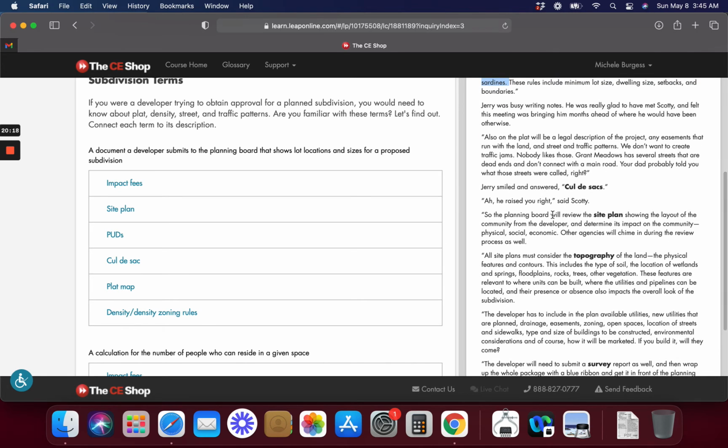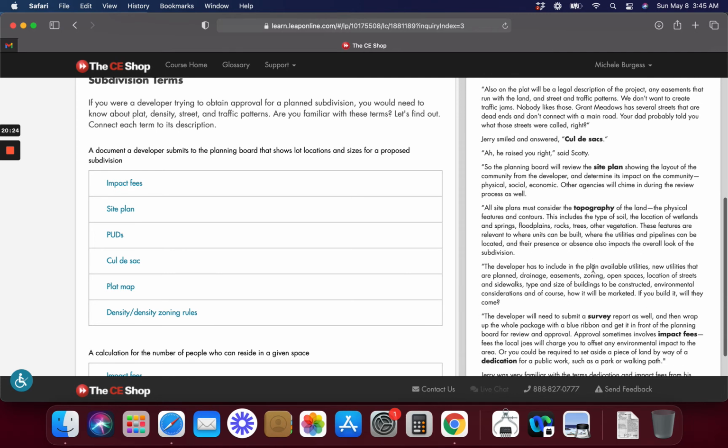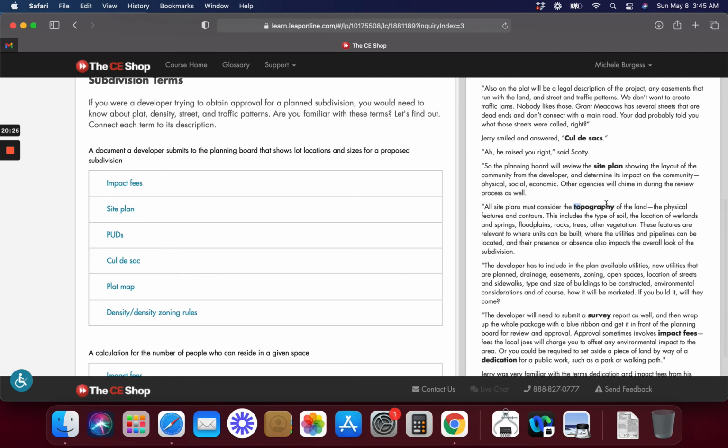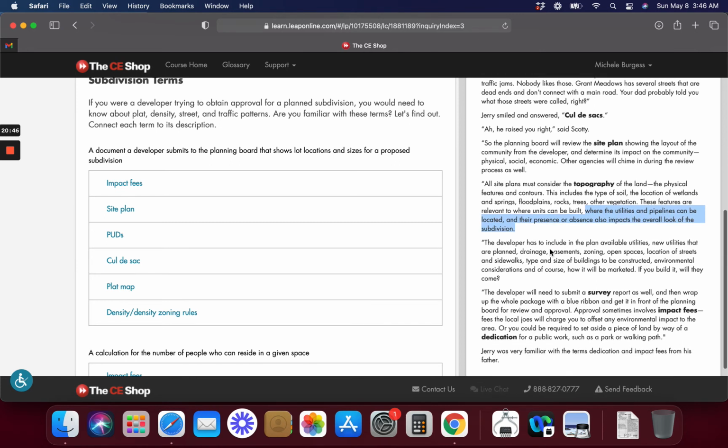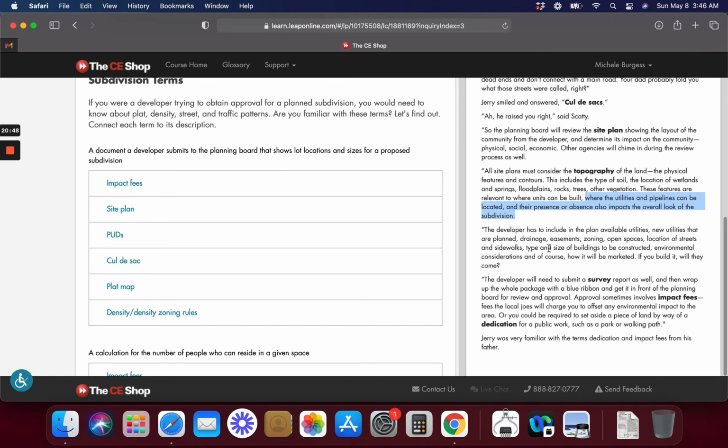The planning board reviews the site plan, showing the layout of the community from the developer. All the site plans include the topography of the land. This includes, like, if there's a little lake there, if there's a playground, the types of soil, the types of wetlands, vegetation, whether there are utilities and pipelines located there. The overall look of the subdivision, is there a golf course on it?